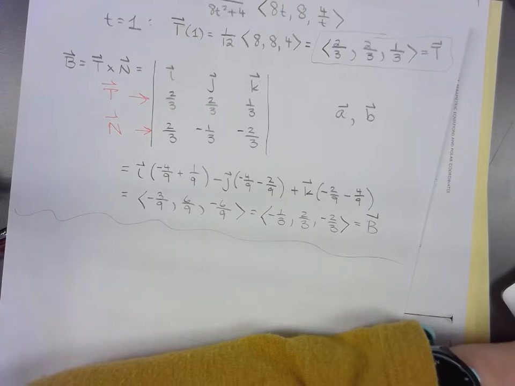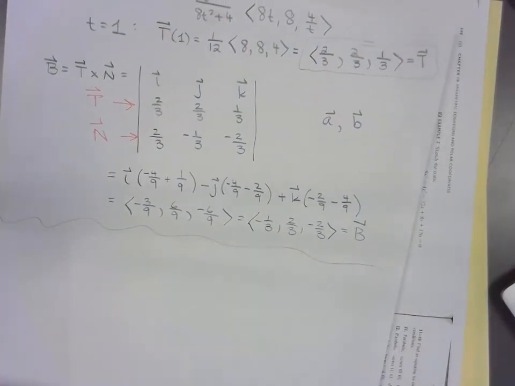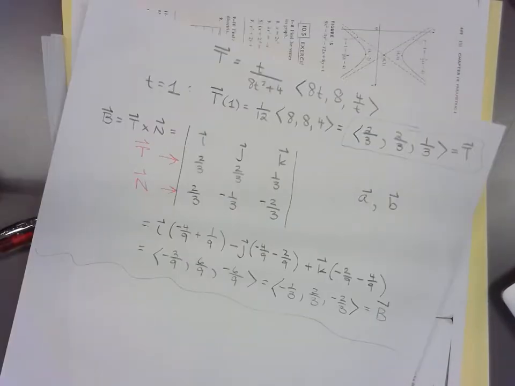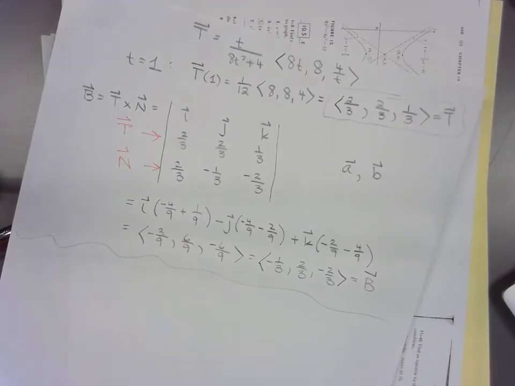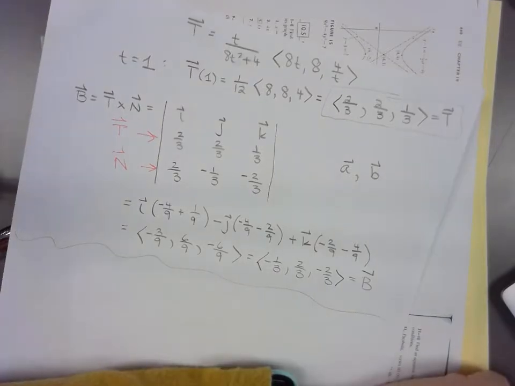Okay, so there's our r prime. You plug in to see what t equals at the point 1. We have to figure out what our parameter value is. Yeah, because you would need the x to equal 1.